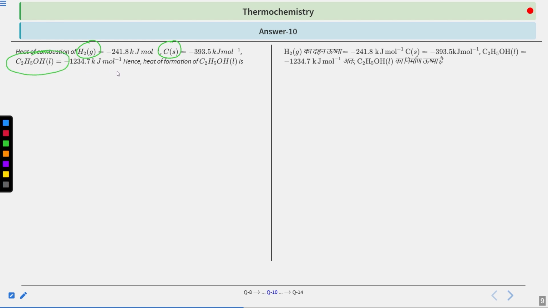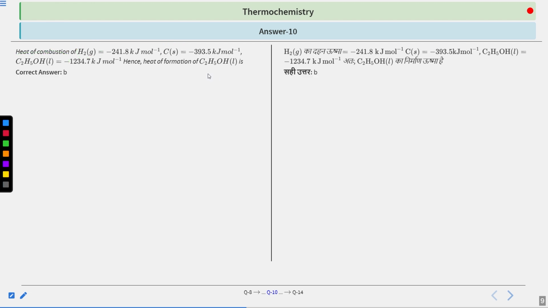Here you have no issues writing the thermochemical equations. What will be the product for combustion of hydrogen? Water. For carbon, it is carbon dioxide, and for ethanol it will be carbon dioxide and water. Very easy to write. And for heat of formation, you will take the standard elements: carbon solid, hydrogen gas, whose combustions are already given, and oxygen. So these three are given.